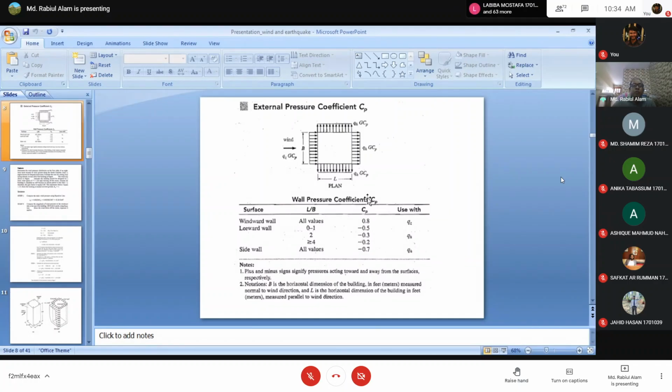That's why only the windward side has direct pressure, while the other three sides have suction pressure. You will get the leeward side coefficient here, and also the side walls. In the sidewall case, it doesn't depend on the L by B ratio. For all values of L by B, its value will be 0.7.